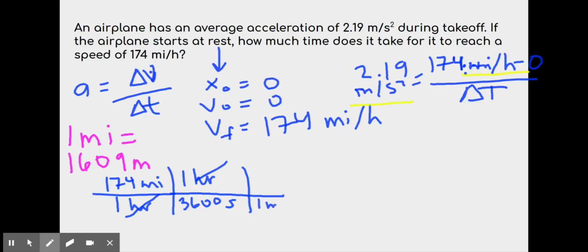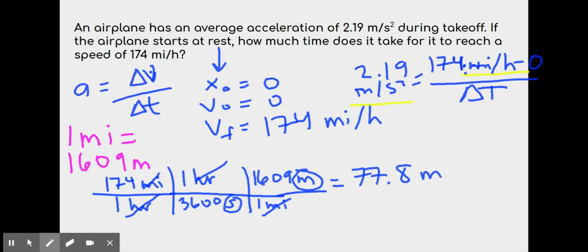So 1 mile is equal to 1609 meters. Well, miles cancels, and we are left with meters over seconds, which is what we want. And when you do this math here, you should find that this is equal to 77.8 meters per second.